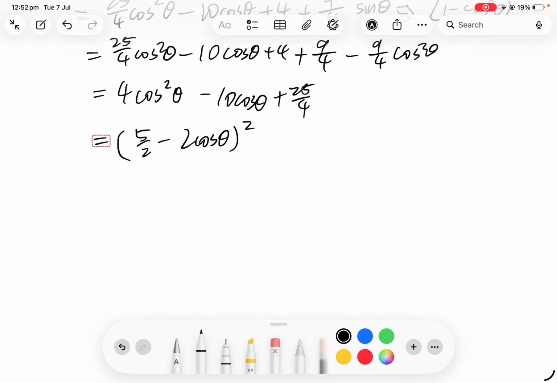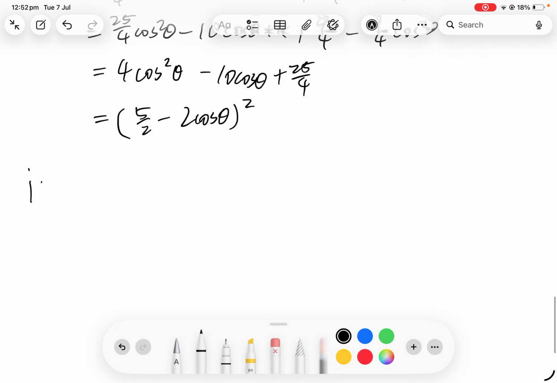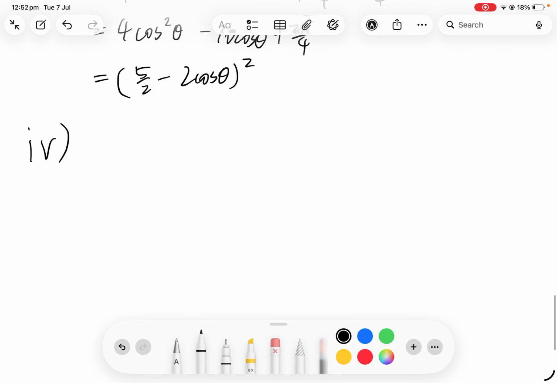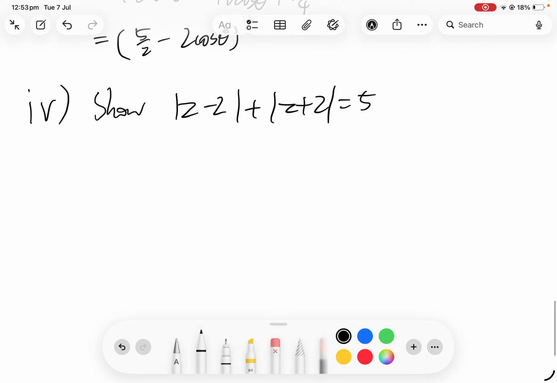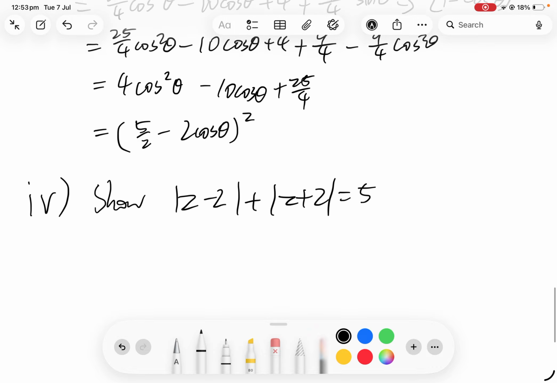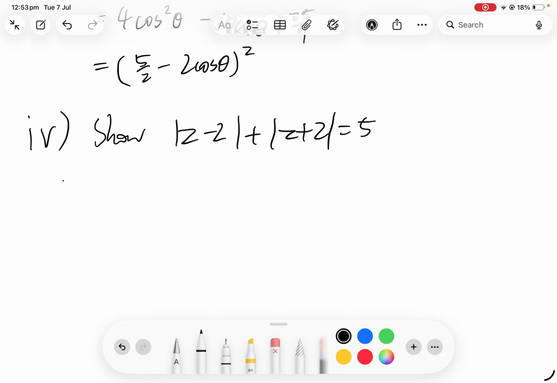Yes, okay. And now we move on to the final part of part A of this question. We have to show that |z minus 2| plus |z plus 2| equals 5. The left hand side just equals, well, are they squared?